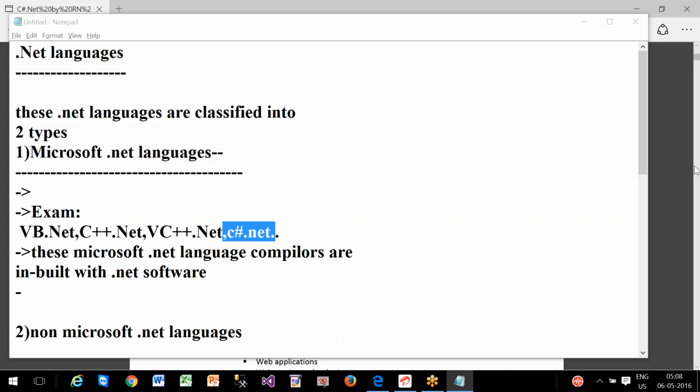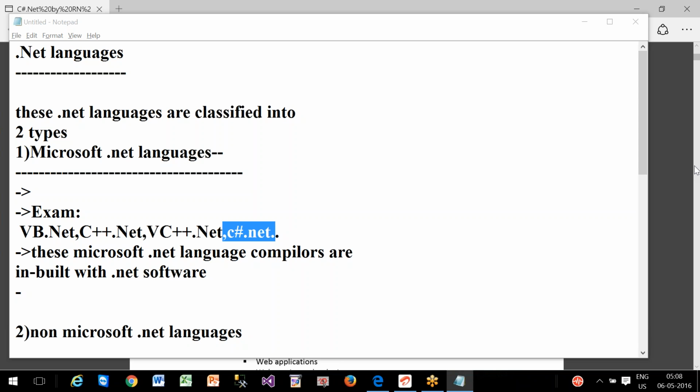In these Microsoft .NET languages, there are many types of languages. Out of them, we learn only VB.NET, C++.NET, VC++.NET, and C#.NET, and so on. These Microsoft .NET language compilers are inbuilt with the .NET software.